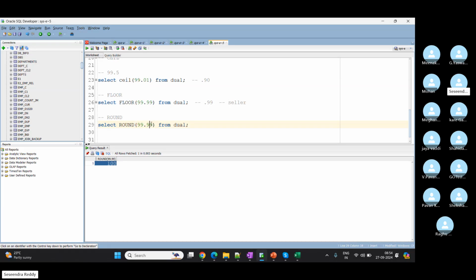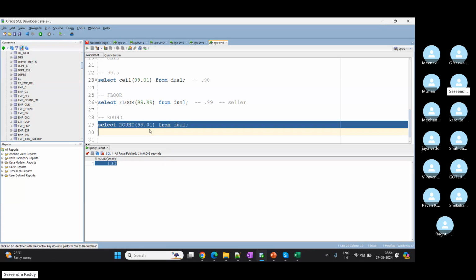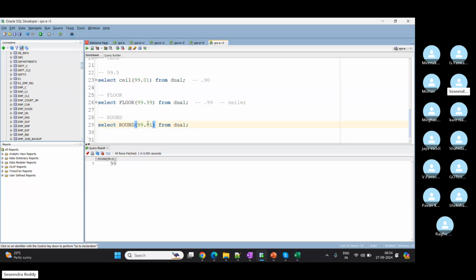When it comes to 1 paisa, meaning 99.01, in this scenario it will round to the lowest because it is near to the lowest value. So it depends on the decimal value, whether it is near to the lowest value or near to the highest value. Round will round the value accordingly, dividing it into 50-50.